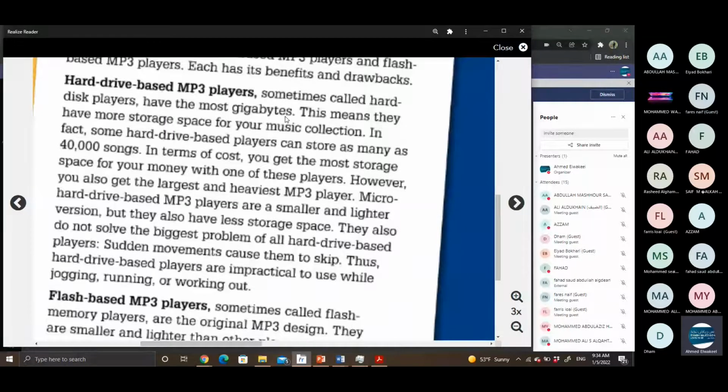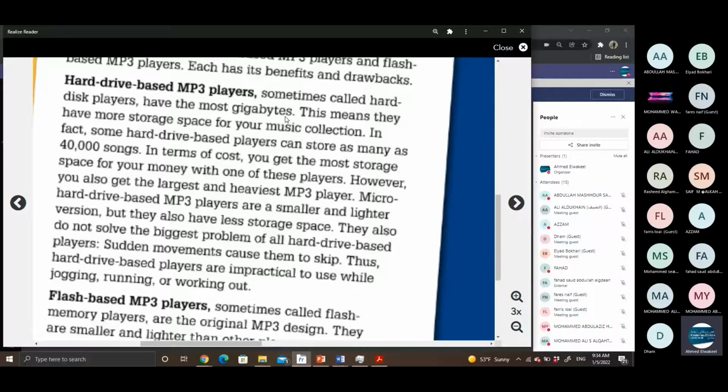Some of them could go further and store as many as 40,000 songs. Of course, we don't have to put only songs, we can put other audio files also. In terms of cost, since you are having a high amount of gigabytes, then you will pay a little bit more money.